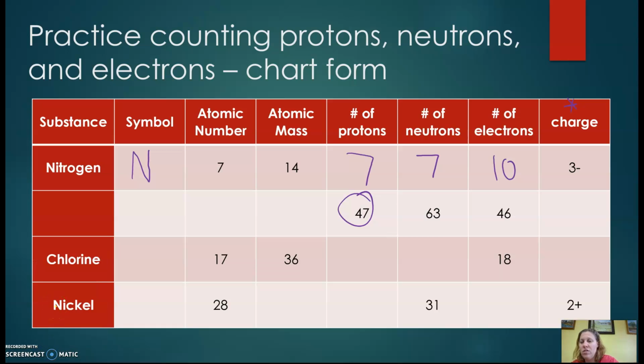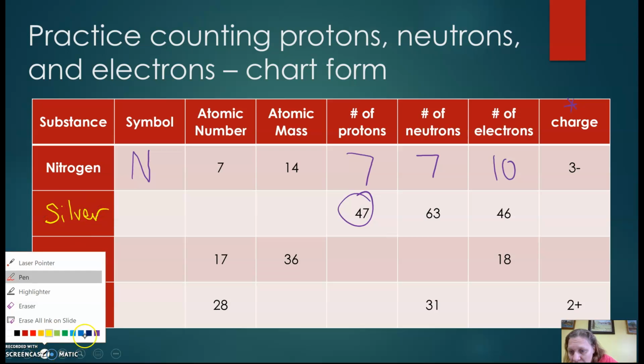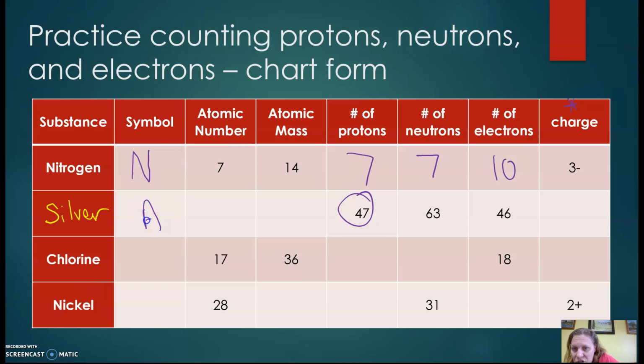So silver. Then I'll go back to the purple. It's Ag. Atomic number is the same as protons, 47. For the atomic mass, you would add those two up. So 47 plus 63, I think, is 110.